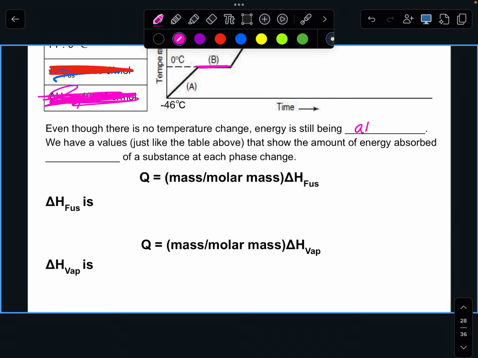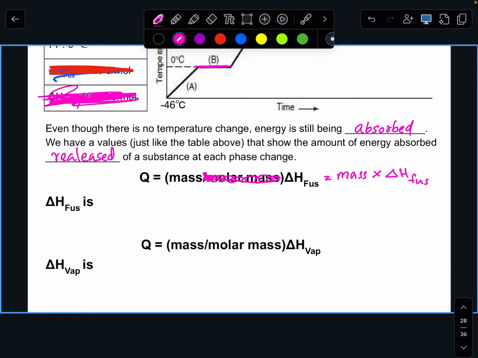Energy is still being absorbed if we are heating, or released if we are cooling. So I'm going to use the equation, just take the molar mass away. So the equation, if you want to write one more time, is mass times delta H of fusion.